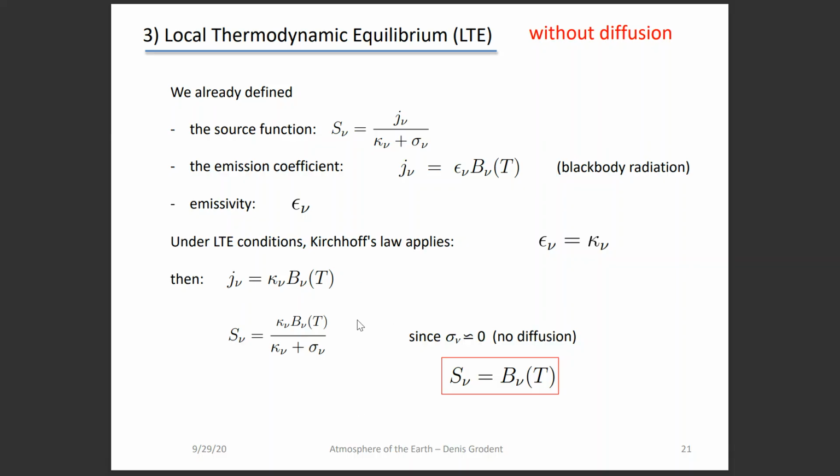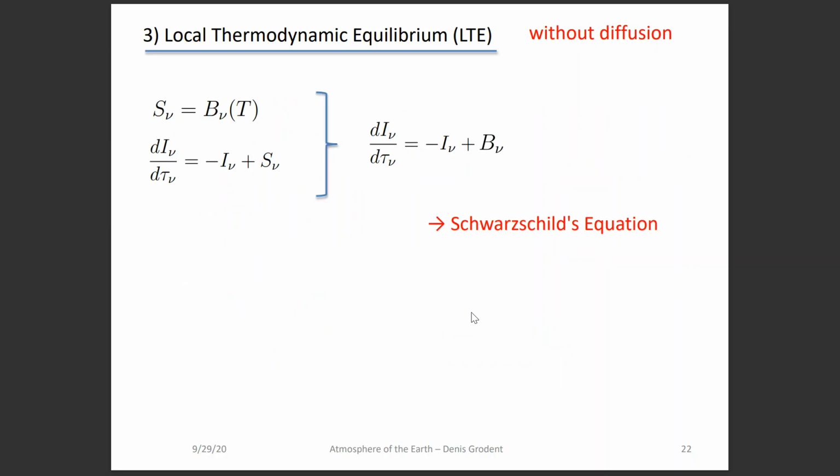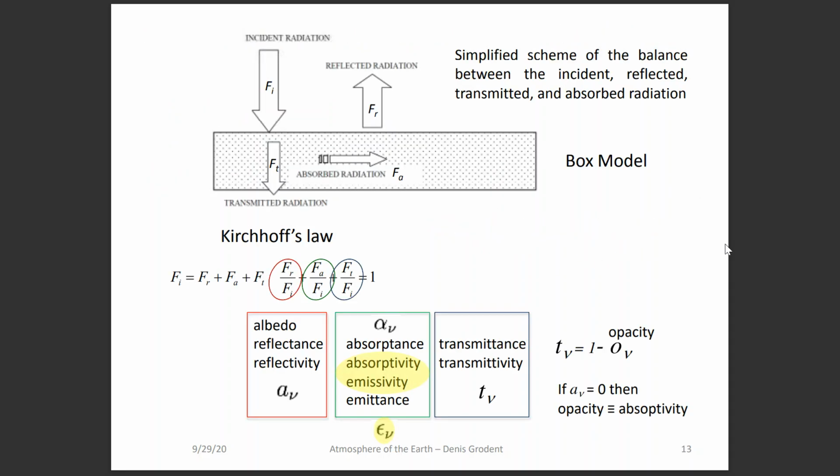And we can assume that the scattering is very low because we are working with higher wavelengths in the infrared range. So S nu is equal to B nu, B nu depending on the temperature. We can combine it with the canonical expression of the radiative transfer equation, and when replacing it, it leads to the Schwarzschild equation valid in the infrared domain.